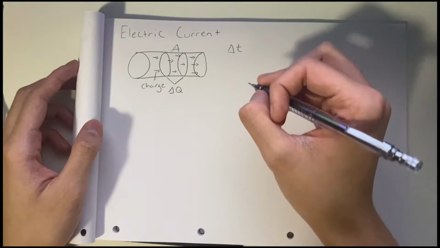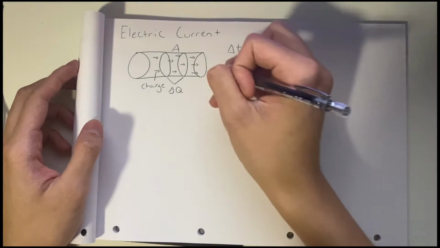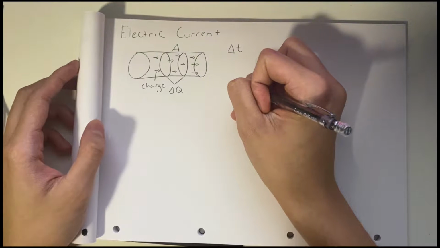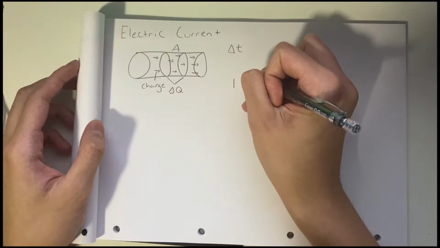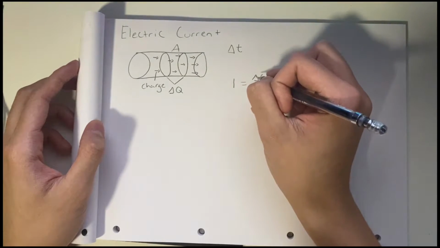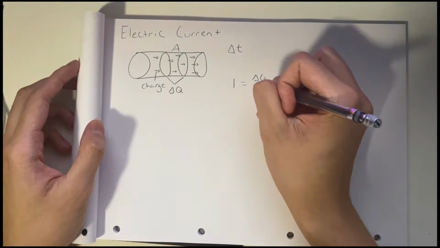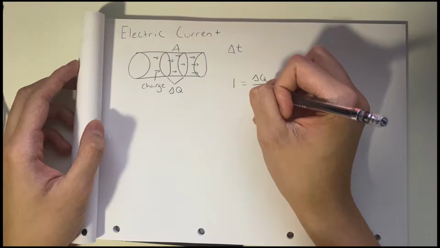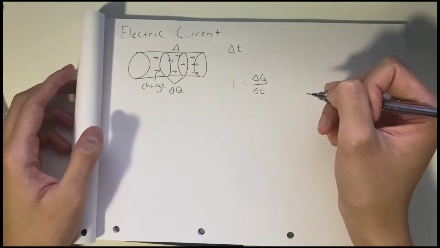Using these, we get the formula I, electric current, equals delta Q, the amount of charge passing through a given area, over delta T, the time interval for a charge to pass through an area.